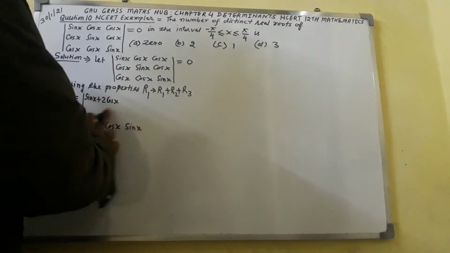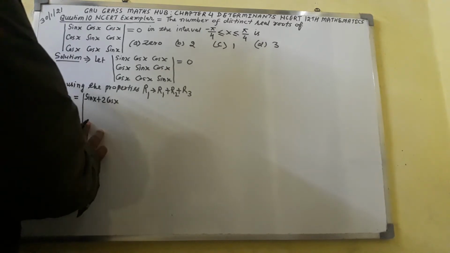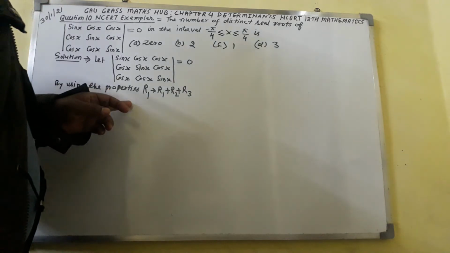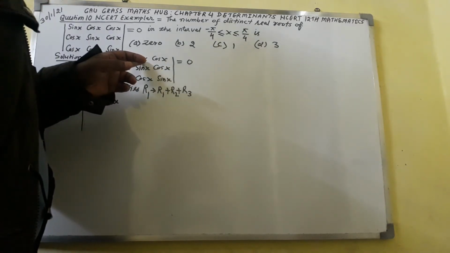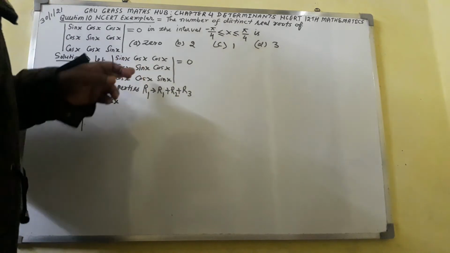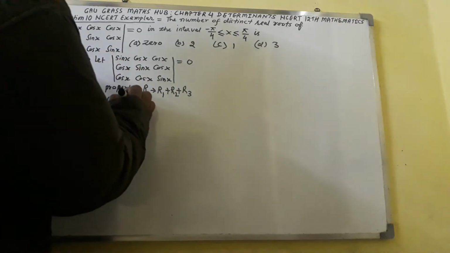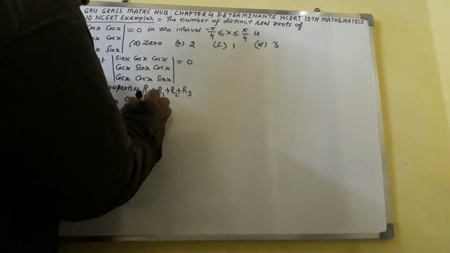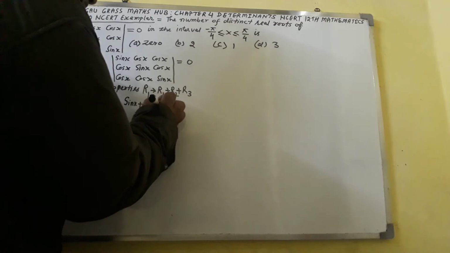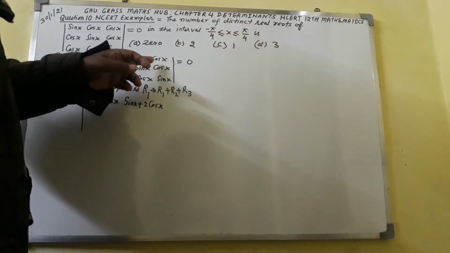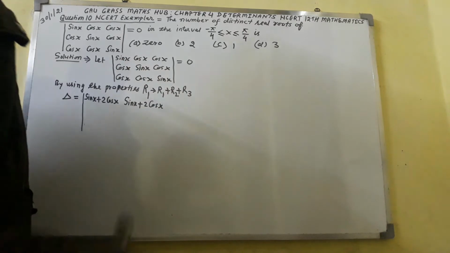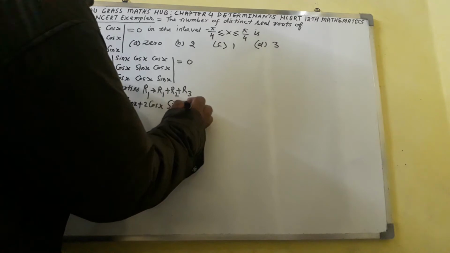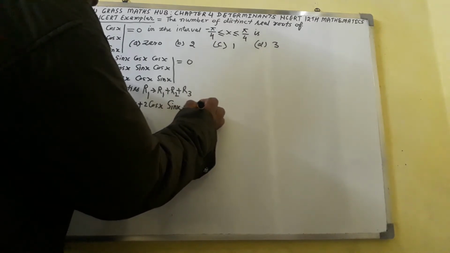And here this element, cos x plus sin x plus cos x, you get sin x plus 2 cos x. Write sin x plus 2 cos x here. And here if you add cos x plus cos x plus sin x, you will get sin x plus 2 cos x.